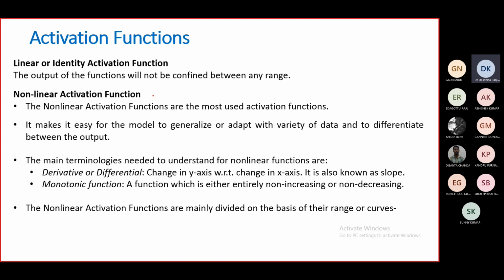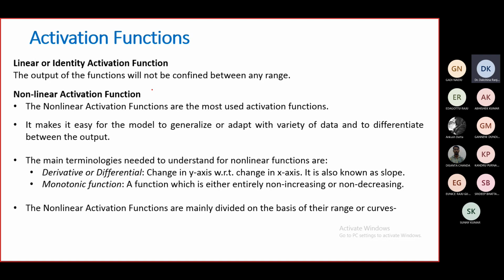So we are interested in generating the probabilities in the output using nonlinear activation functions. Most of the time, almost 99%, we use the nonlinear activation functions in neural networks as well as deep learning neural networks. So nonlinear activation functions are the most used activation functions.